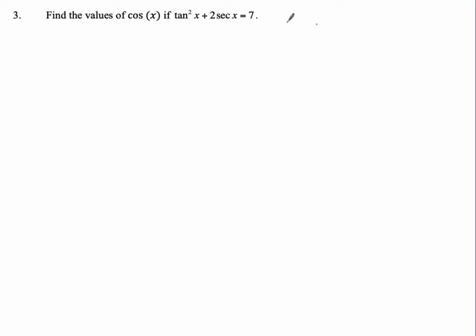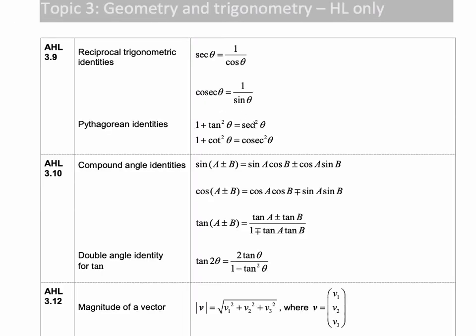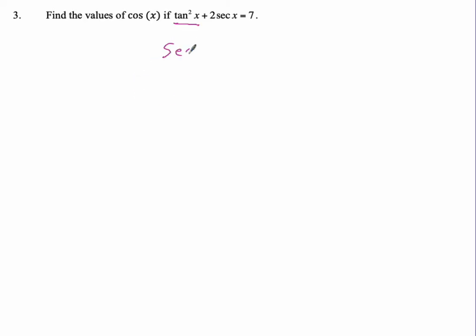Let's look at number 3 here. So we got a tan squared. We can just replace that with the formula in the formula book. We got secant squared minus 1. So secant squared minus 1 plus 2 secant x equals 7. This is like a quadratic, so you can, if you like, let y equals secant x.